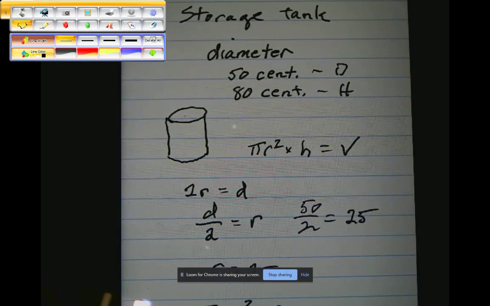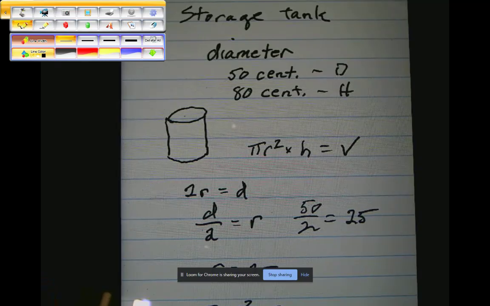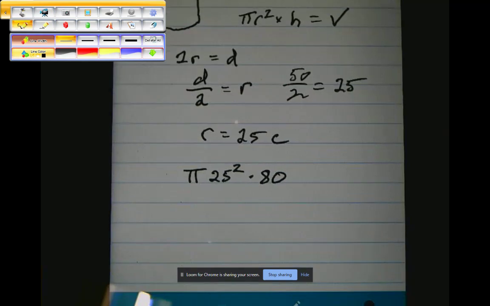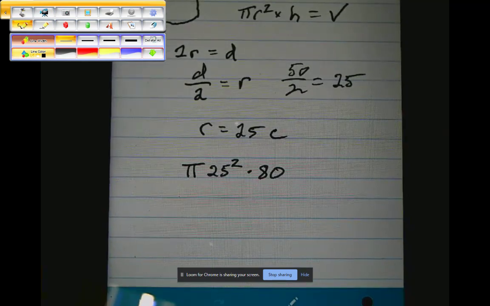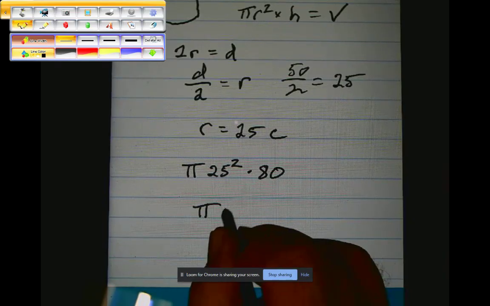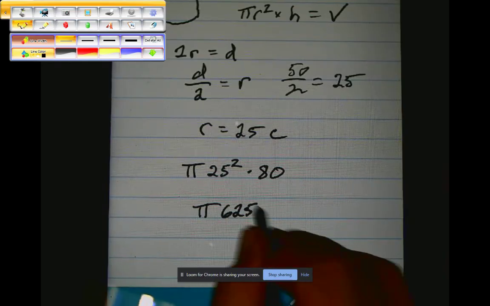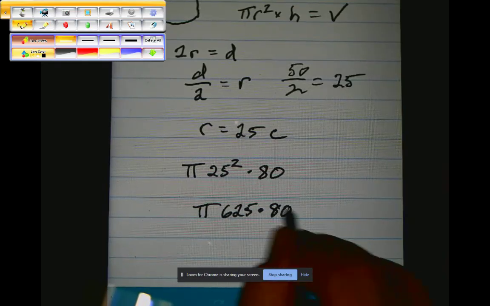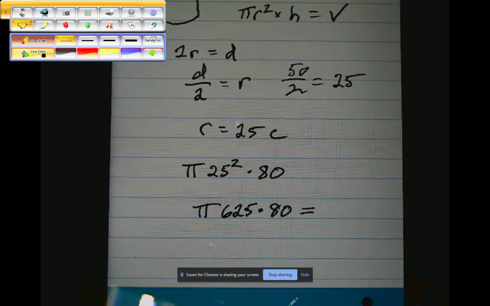Okay, and so pi times 25 squared times the height, which is 80. Here, just get out your handy calculator. For a high school or college student, you should know 25 squared is 625, right? So this is pi times 625 times 80. Now we're going to get a big number, right?